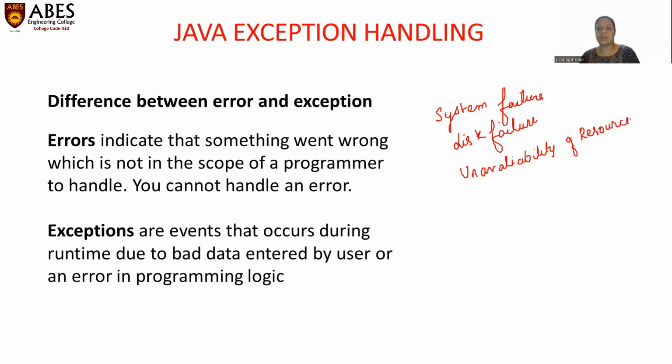These are some points that can cause an error. Whereas exceptions are the events that occur during the runtime due to bad data entered by a user, or a programming logic error which can cause an exception. For this, Java provides a method known as exception handling to handle such situations.